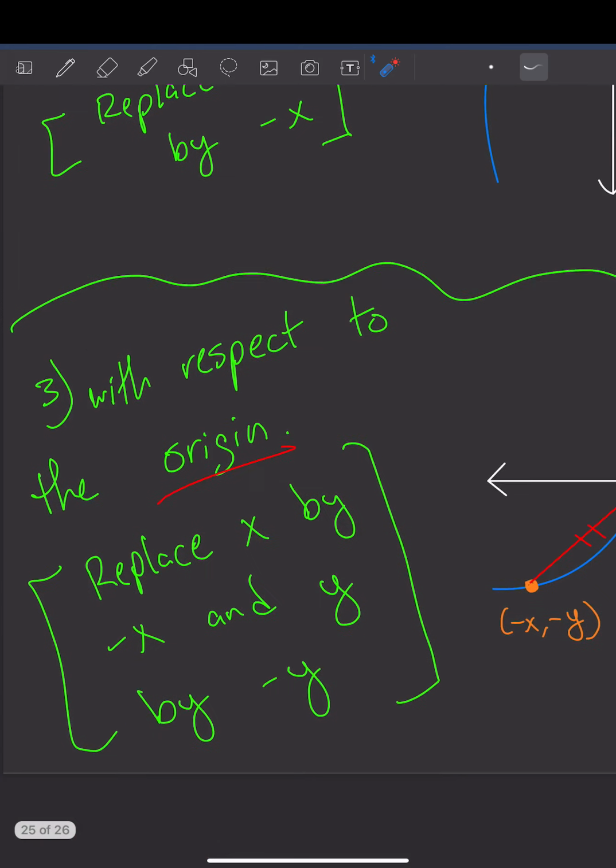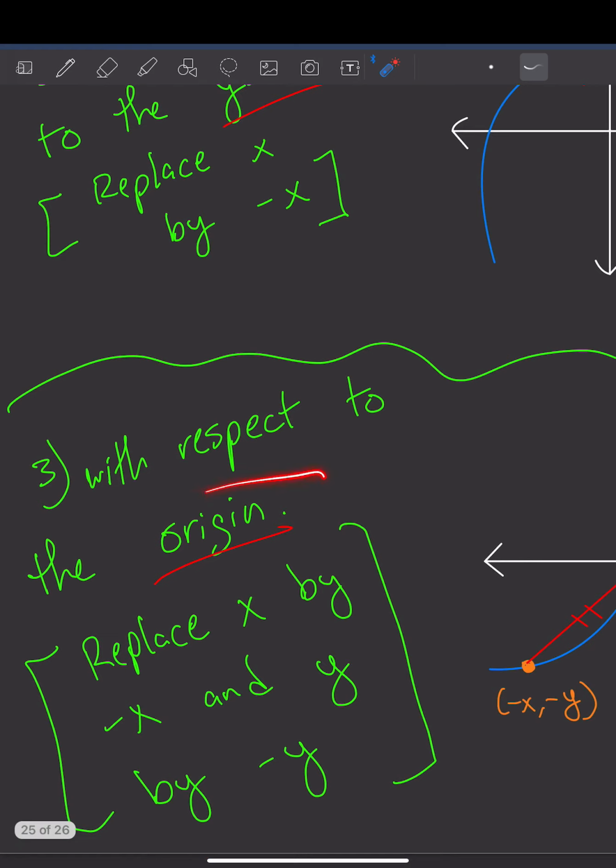And then for the last one, with respect to the origin, you're replacing x by negative x and y by negative y, or vice versa. If you start with a negative x, you replace it with a positive x, and if you start off with a negative y, you replace that with a positive y.